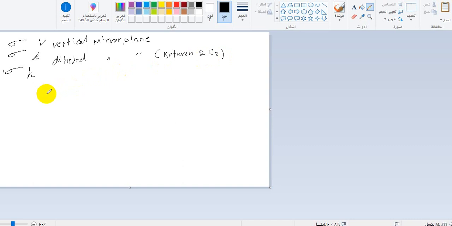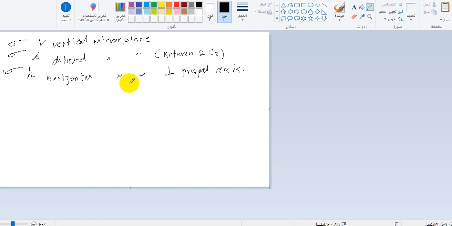And sigma h is a horizontal mirror plane, perpendicular to the principal axis.